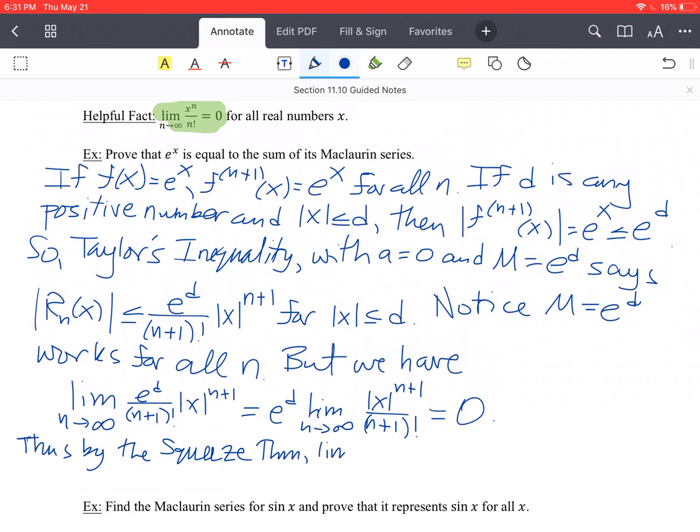the limit as n goes to infinity of the absolute value of the remainder equals 0. So if the limit of the absolute value goes to 0, then that means that the remainder itself must go to 0.